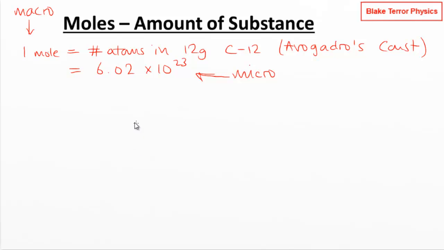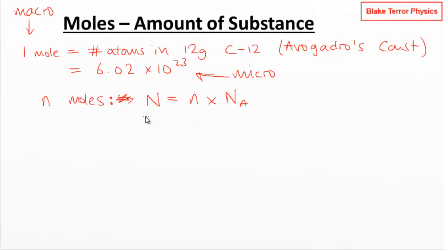Now, of course, if we've got n moles of a substance, it will have a number of particles, N, which is equal to the number of moles multiplied by Avogadro's constant. This is all we're doing every time.